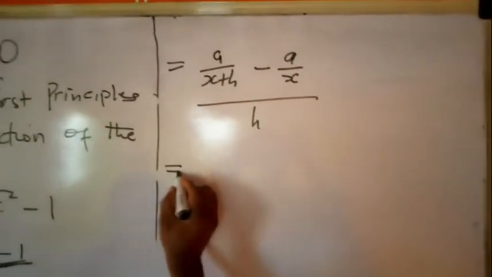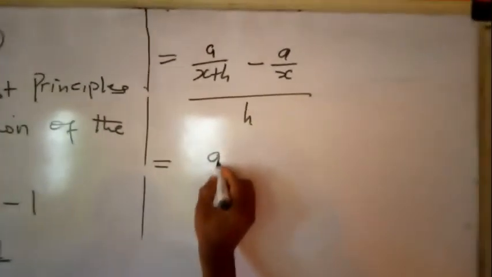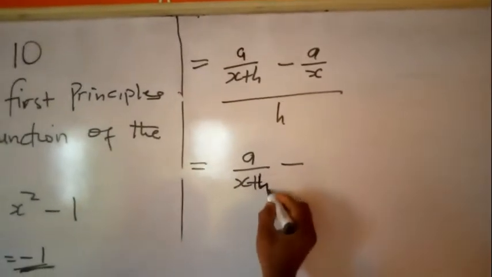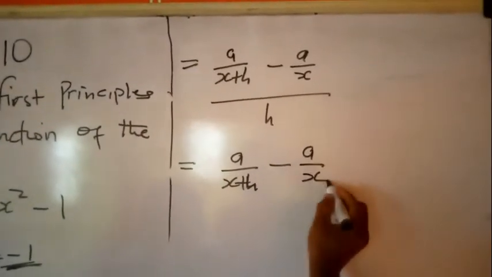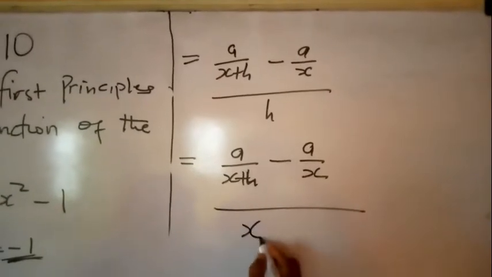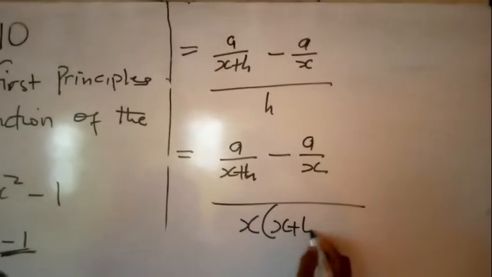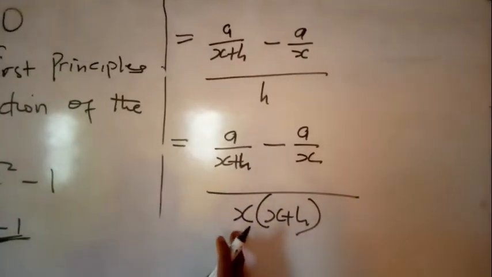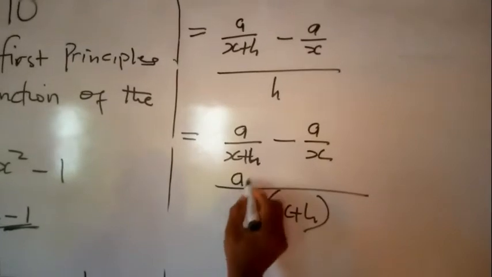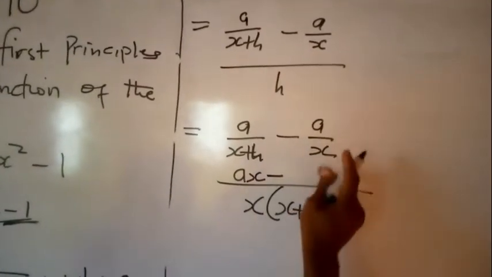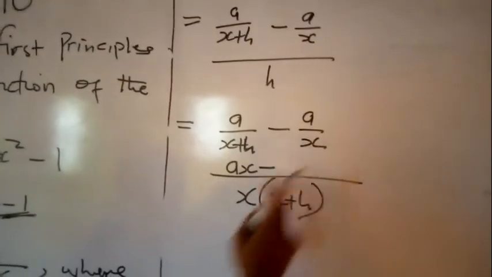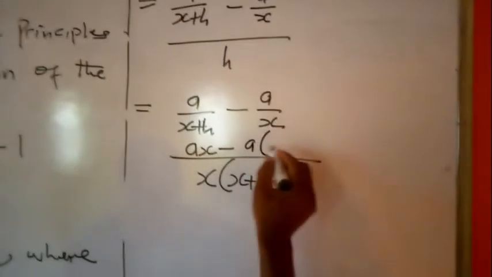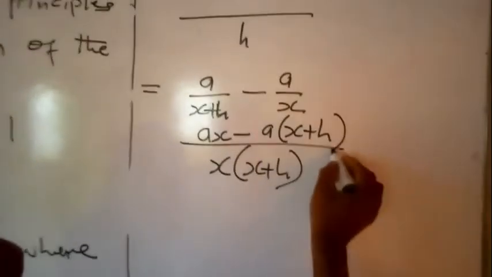So let's deal with the first one. a all over x plus h minus a all over x. x into x plus h. x plus h will go, you have what? x. So you have ax minus, this will go, x will go with x, then you have a into x plus h.